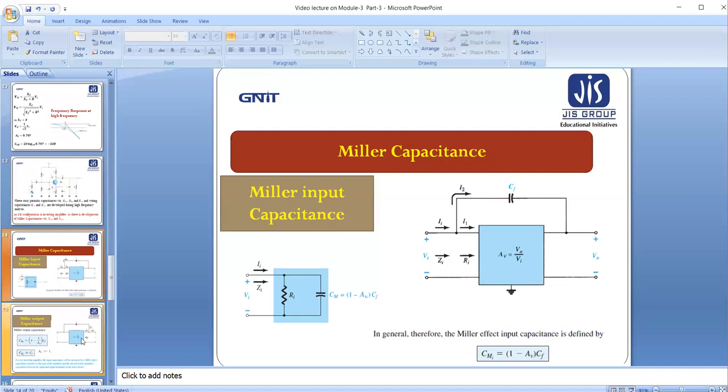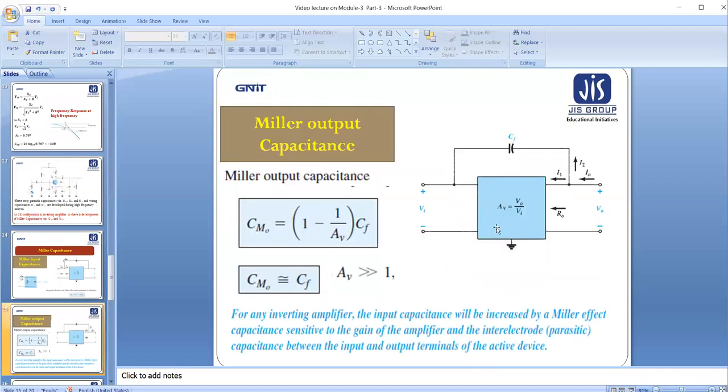Now for the output capacitance, what will happen? Similarly, this feedback capacitor will appear across the output, and the output capacitance will be written as CM0 equals 1 minus 1 by AV into CF. As AV is much greater than 1, we can neglect this term. So CM0 is nearly equal to CF.